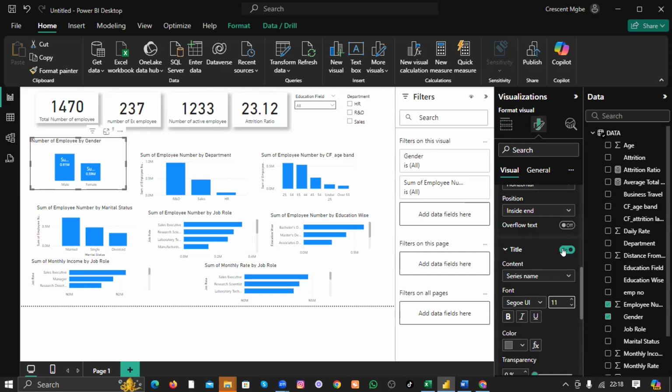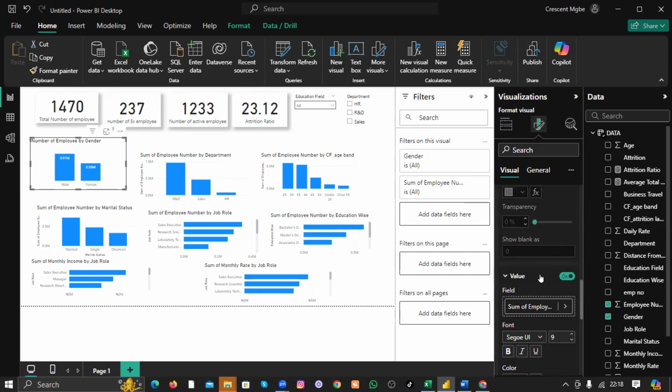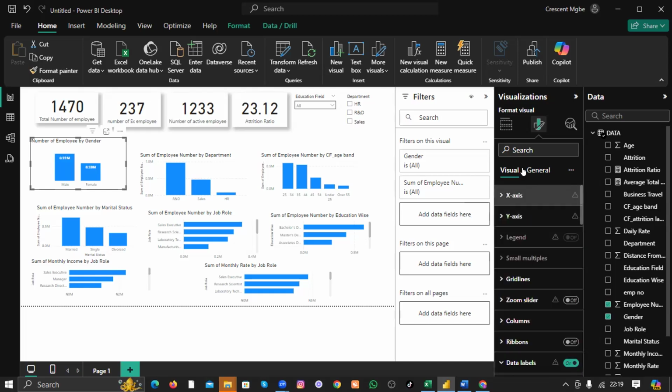No, you don't want title. So value, see the value, increase the size a little, then make it bolder. See, it's now bolder. So you do your formatting, make it look nice.